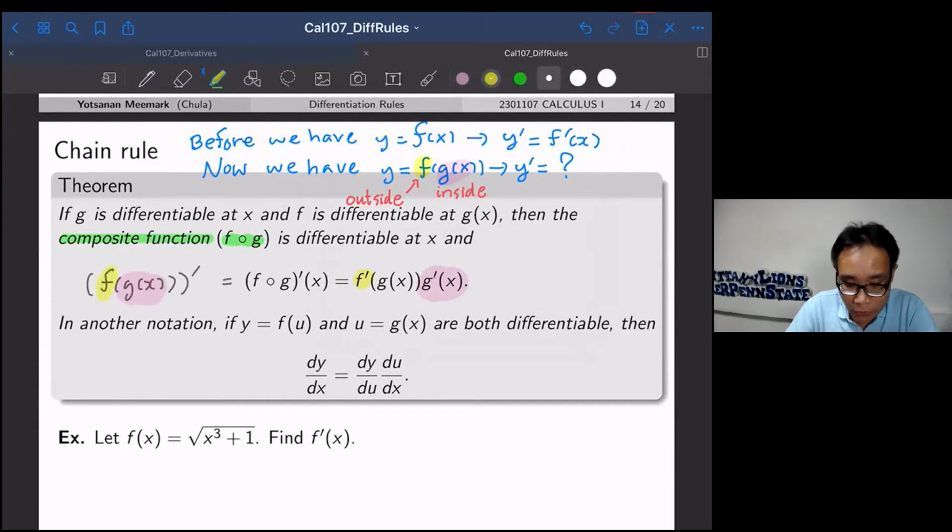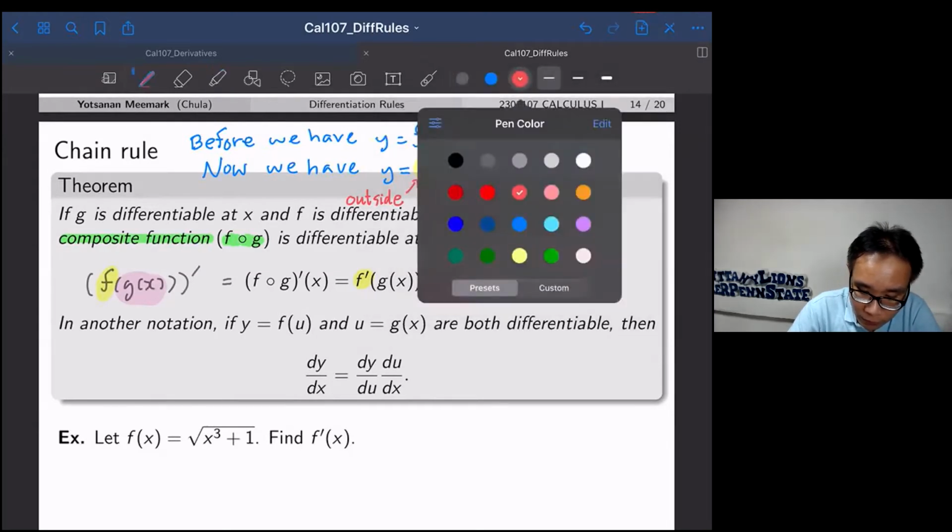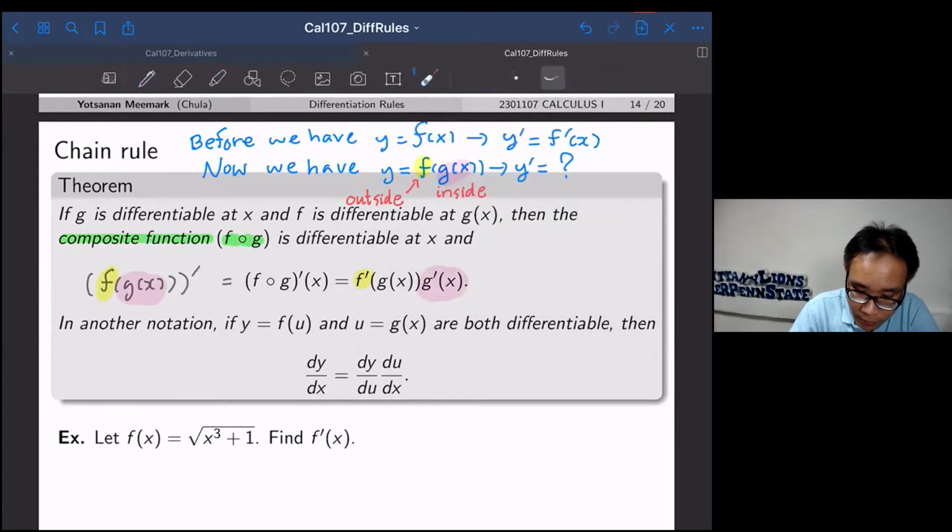So in this case, you have the derivative of the outside, which is your f prime here, keeping g of x inside, and you have the derivative of the inside, which is your g prime of x. This guy is called the chain rule.